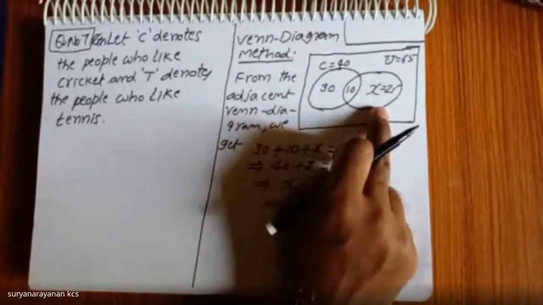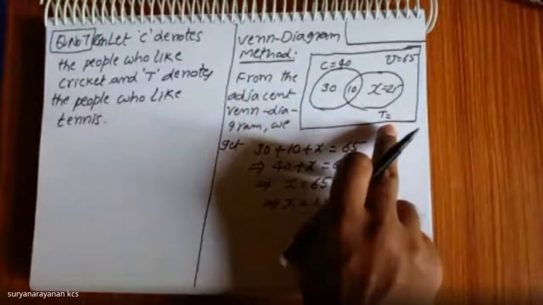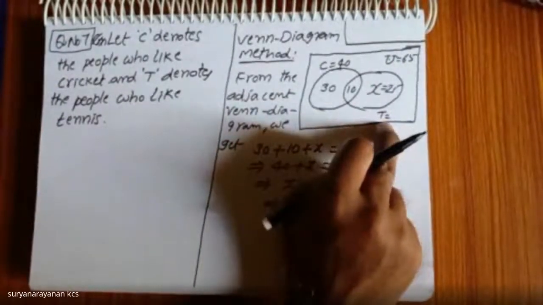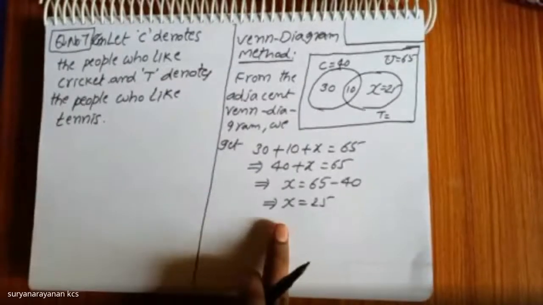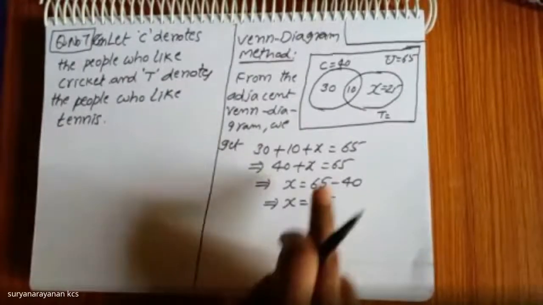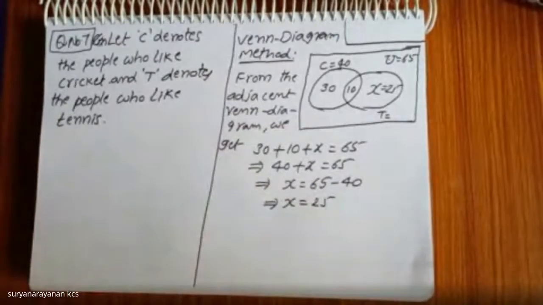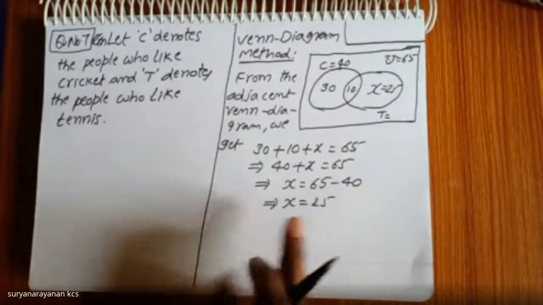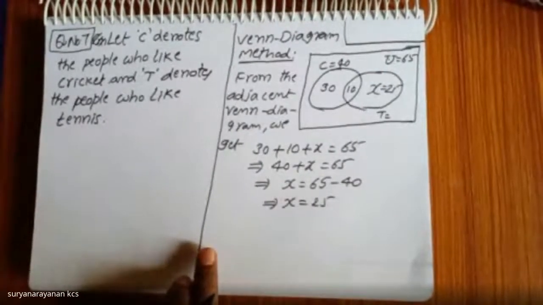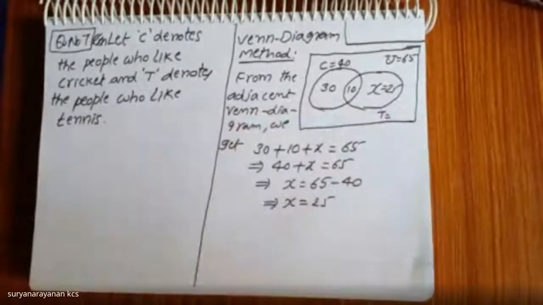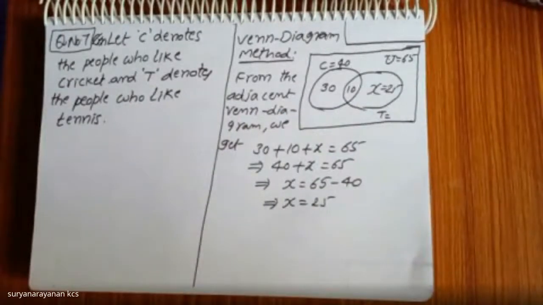Previously, as I told you, this area denotes only that part, not the second set. So here, what is x? The people who like only tennis. What is asked here? How many people like tennis only but not cricket? By observing this Venn diagram, how many people like only tennis but not cricket?